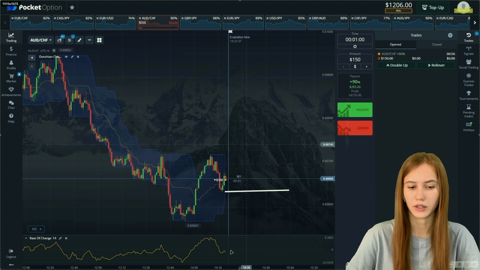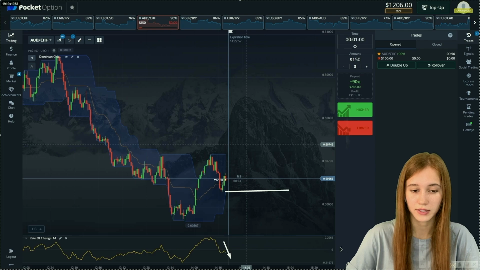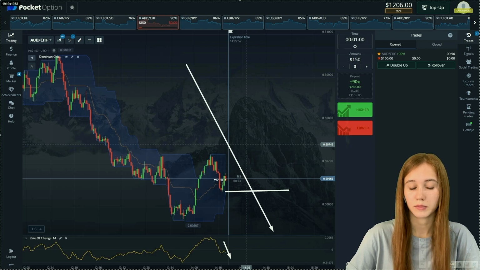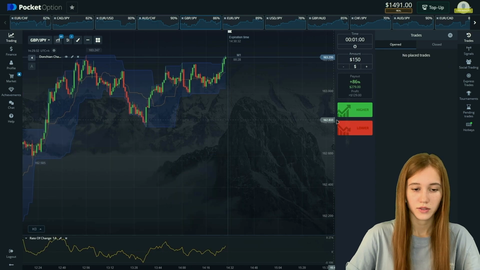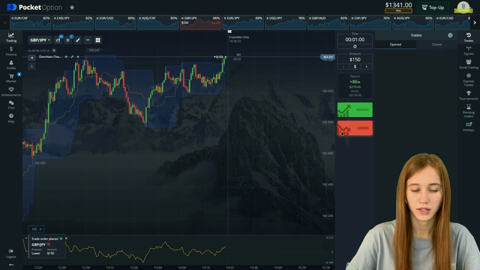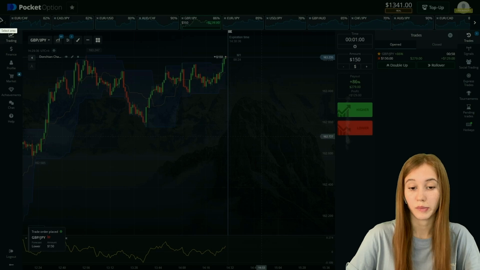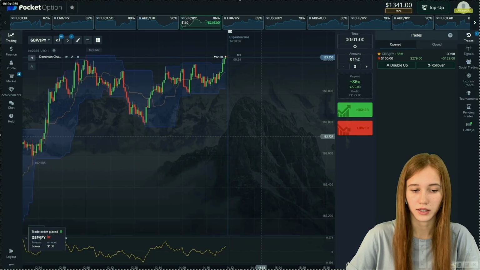If you look at the angle of this indicator, it's directed downwards. Let's see, 1 second. Plus deal, profit is $135. Good.